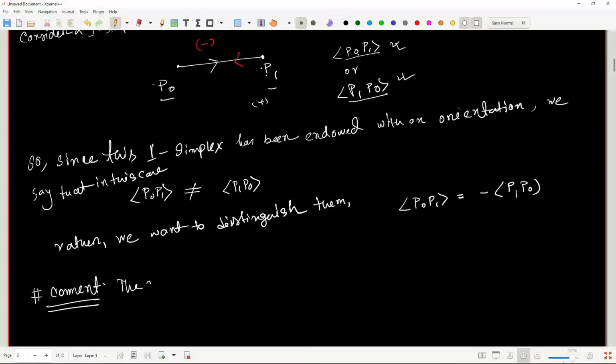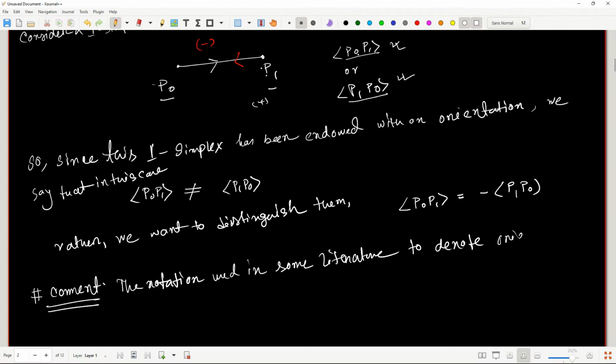I want to make a comment. The notation used in some literature to denote oriented simplexes uses the round brackets.